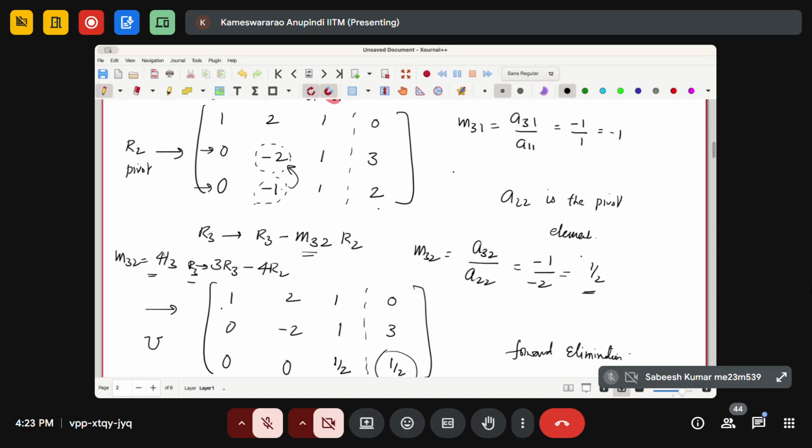But what I'm trying to say is that I want you to identify just a fraction, which is the element that you want to make 0 below the pivot element, divided by the pivot element. That is your fraction. When you do this, you have to store only one value. Otherwise, you have to store 2 separate values, 3 and 4, which is not very convenient.